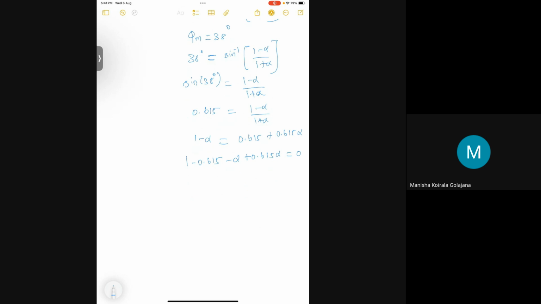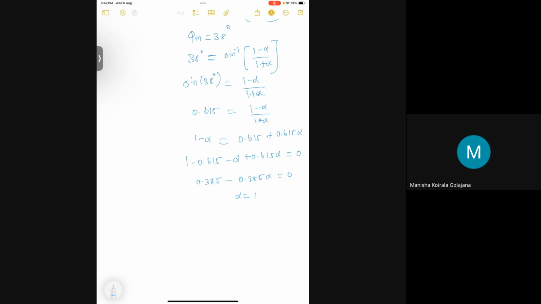This is 1 minus 0.615, how much is it? 0.385. Let me check once. It won't be alpha equal to 1.